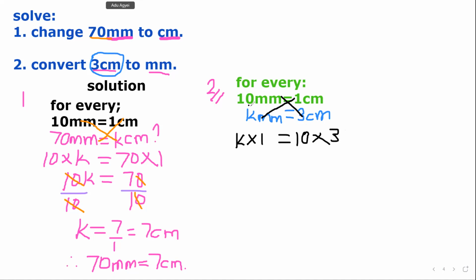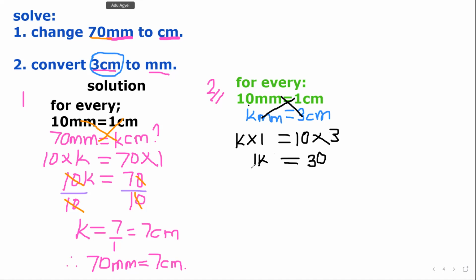Because when you cross multiply, the 10 here will be used to multiply the 3. The k here will be used to multiply the 1. K times 1 is 1k, which is equal to 10 times 3, which is 30.